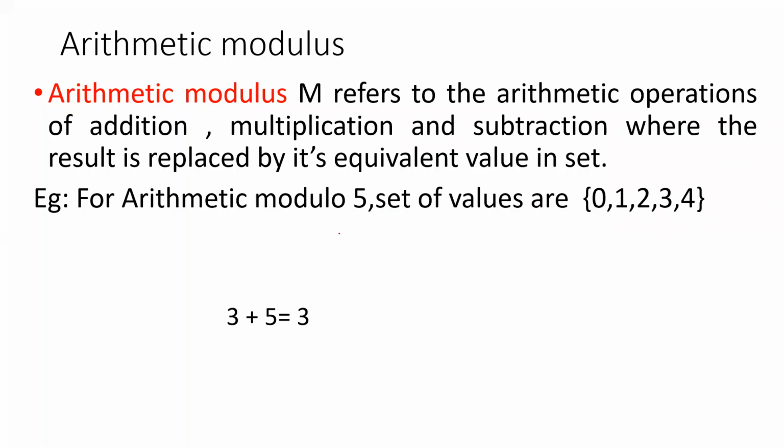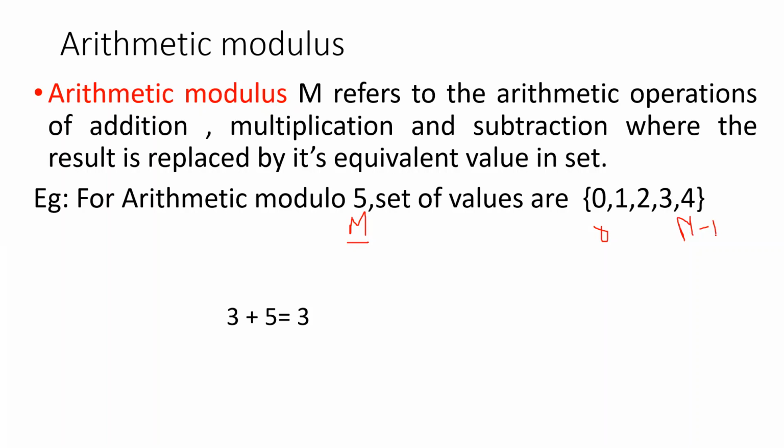That is, for arithmetic modulus of a number m, the set of possible values will be from 0 to m minus 1. Is it clear? You will be bringing down the numbers among the set of values from 0 to m minus 1.